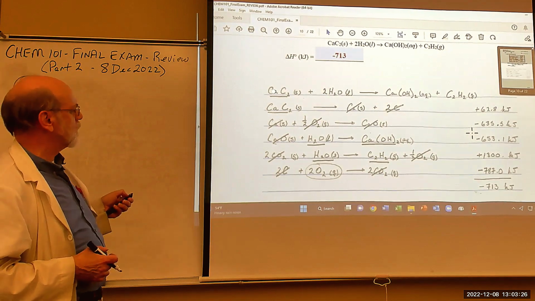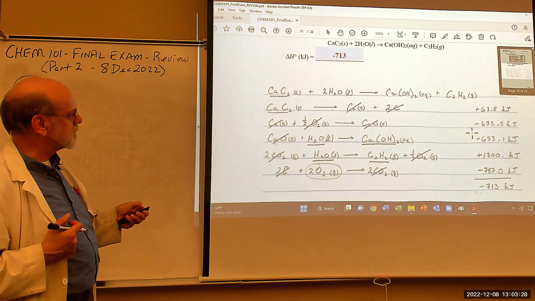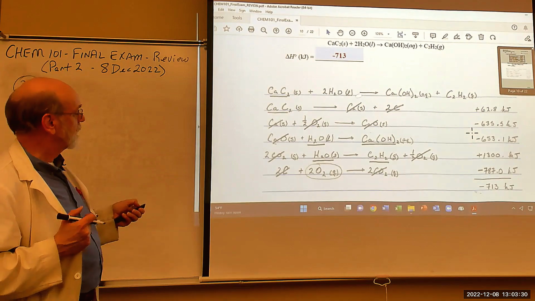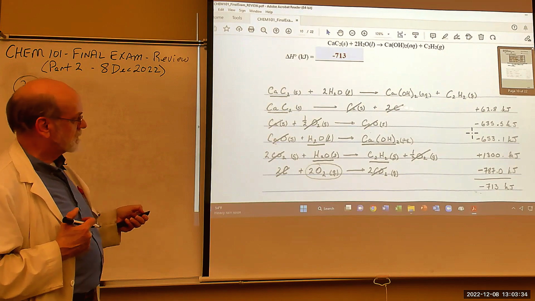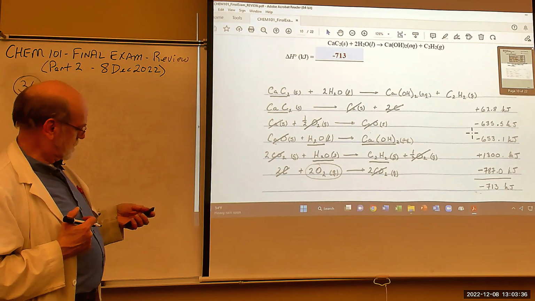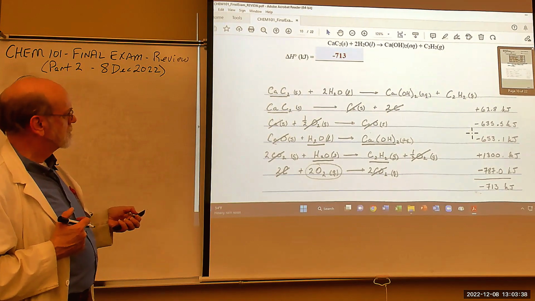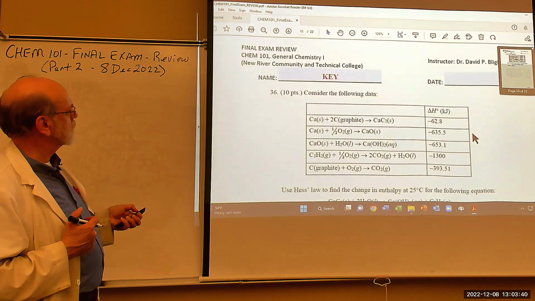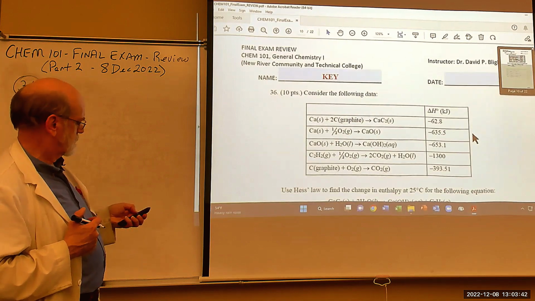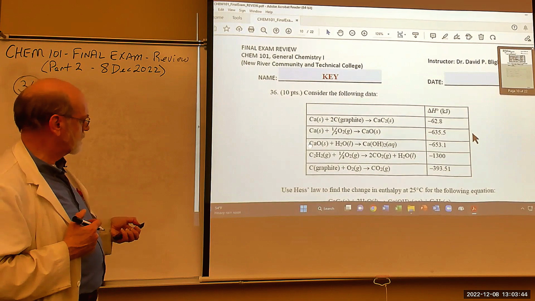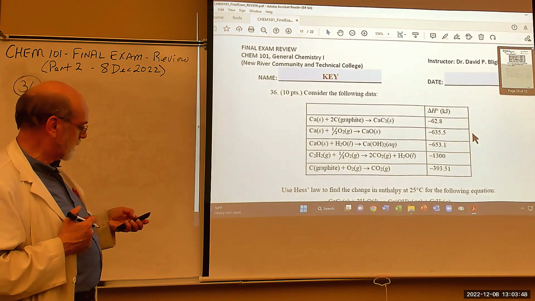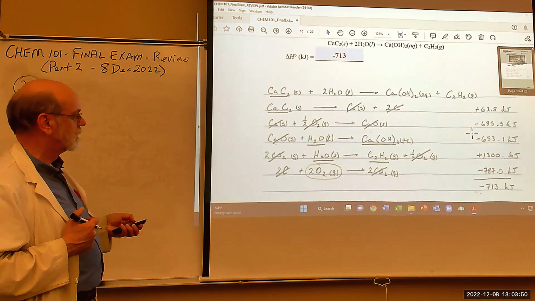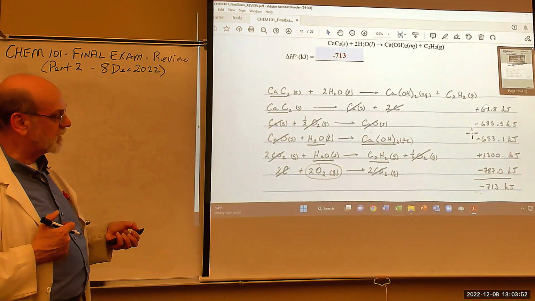Oh no, this is the target equation. Excuse me. This is the target equation, right? So this one comes from the list, and calcium carbonate is on this side, so we had to flip the equation and change the sign right here.